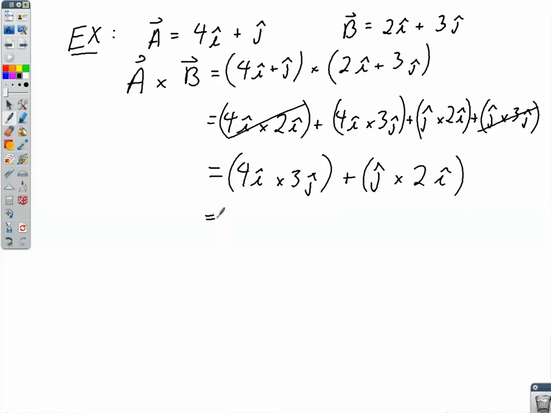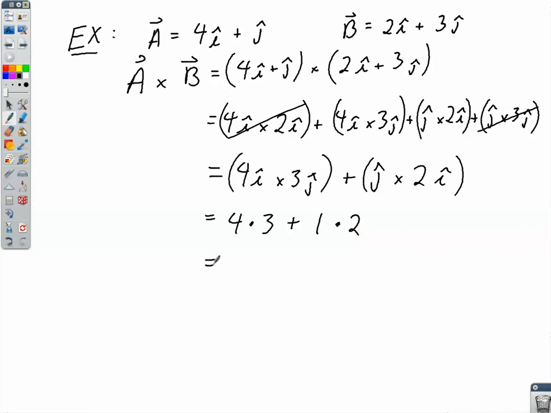So here, for i cross j, we're just going to have 4 times 3. And that's the magnitude. The angle between them is 90 degrees. Sine of 90 is 1. So we got 4 times 3 plus we have 1 times 2. Because again, j and i, the angle between them is 90 degrees. Sine of 90 is 1.